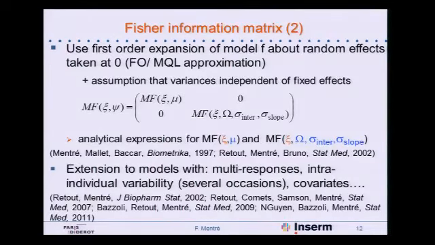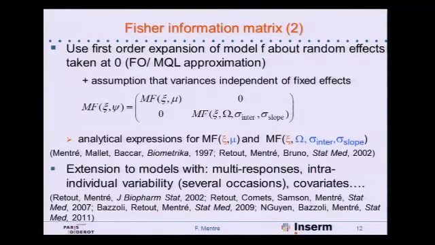So what we did quite a while ago is to assume that we could use a first order expansion of the model about the random effects at zero, which is called in pharmacometrics the FO approximation, and in statistics the MQL approximation, or marginal quasi-likelihood approximation.